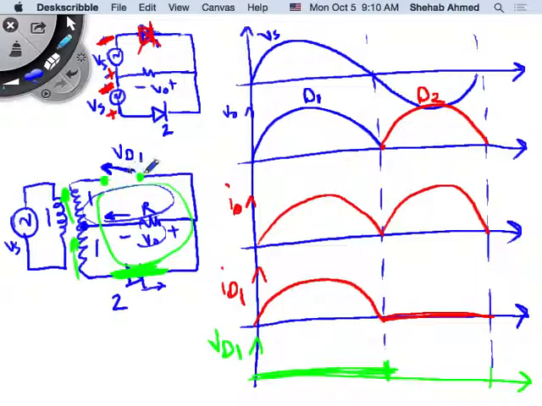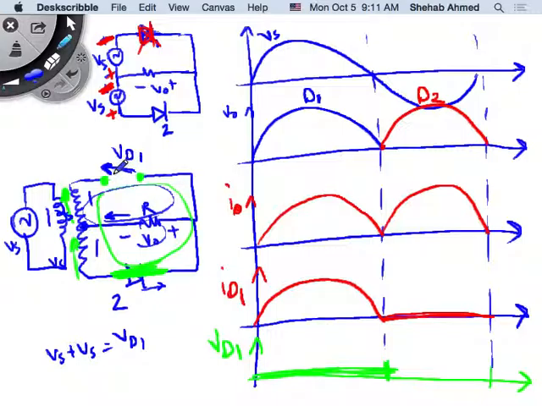So what is the voltage across this diode going to look like? Kirchhoff voltage law. This is Vs and this is Vs, guys, right? So exactly, it's 2 Vs. So it's Vs plus Vs is equal to Vd1, or Vs plus V output is equal to Vd1.